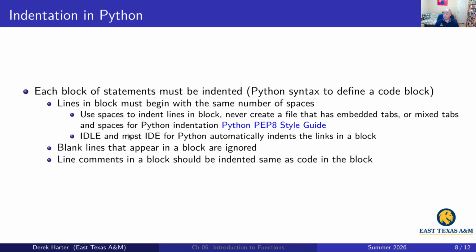So IDLE or a correctly configured IDE like VS Code or PyCharm will do that for you. Will automatically convert tabs to spaces and use 4 spaces. Although you can usually specify that, but make certain you set it to 4 spaces if it's not doing that for you already.